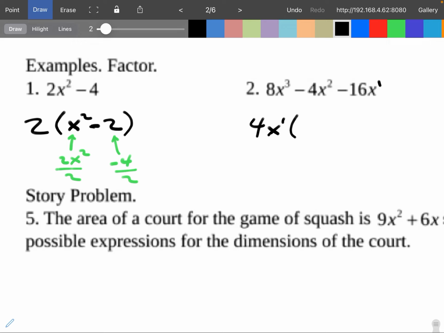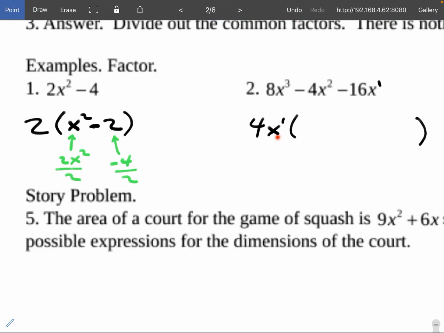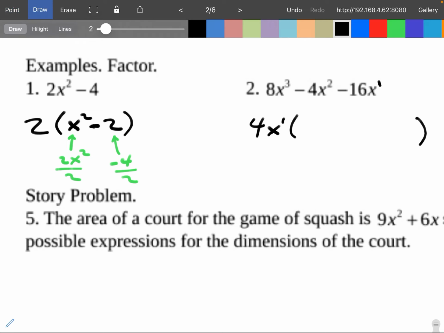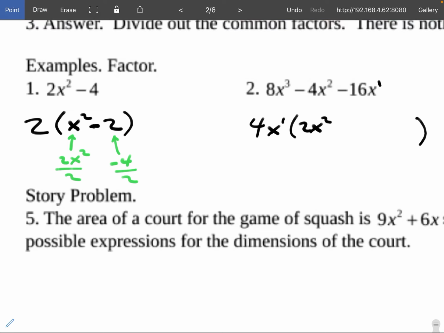So the lowest power that the x appears to is x to the first power. And then you're going to fill in these parentheses, but there's going to be 3 terms inside there. So you ask yourself, 4x times what would give you 8x cubed? 2x to the second. Good. Yep, it'd be 2x to the second power.